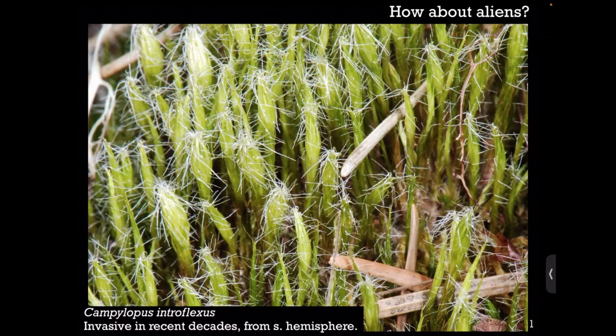It's completely covered the stabilized dunes, and it's a very highly invasive moss from the southern hemisphere. I would say it's been 50 years since it was rare, but I think 20 years ago it had already happened. So it happened in the space of time between 1980 and, I don't know, 2010 maybe.